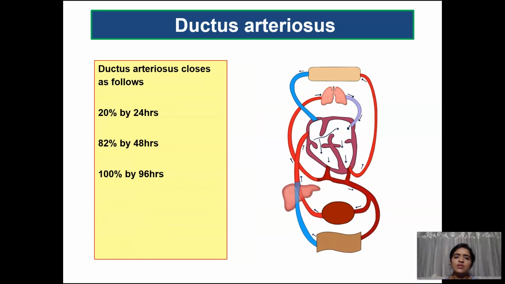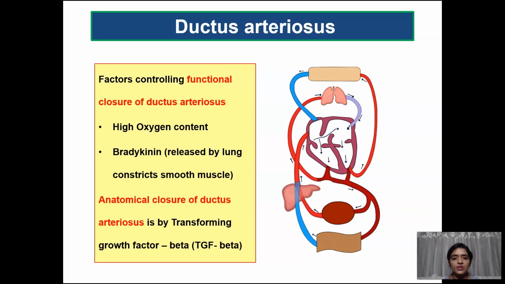Now the ductus arteriosus usually closes as follows. 20% of it will be closing within 24 hours, 82% of the ductus arteriosus will be closed after 48 hours, and 100% of all ductus arteriosus will usually be closed after 96 hours. That is the usual time taken for the ductus arteriosus to close.